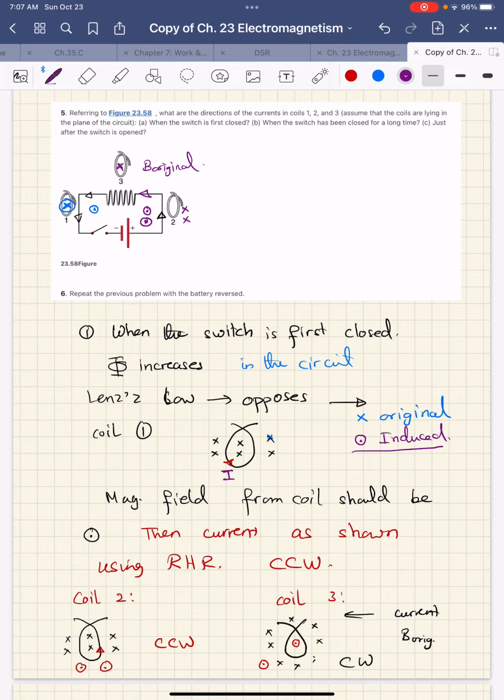Again we should have its magnetic field, the induced one, outwards, out of the page, and therefore the current is going to be clockwise.